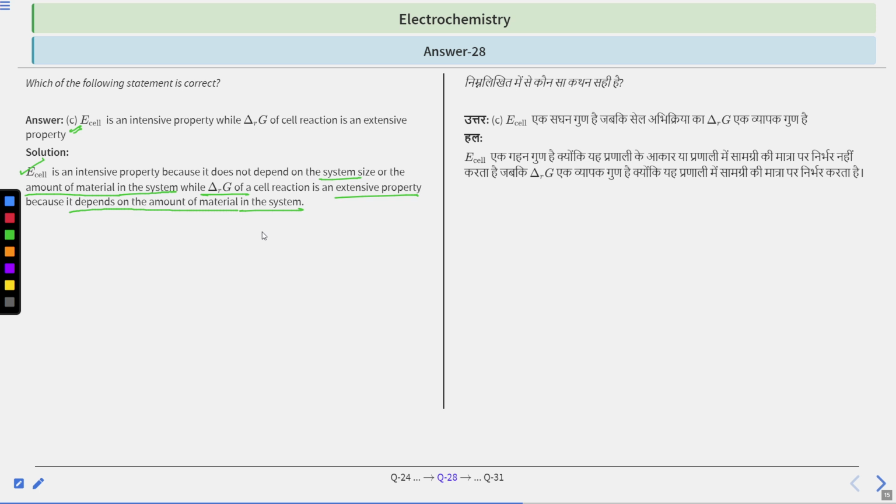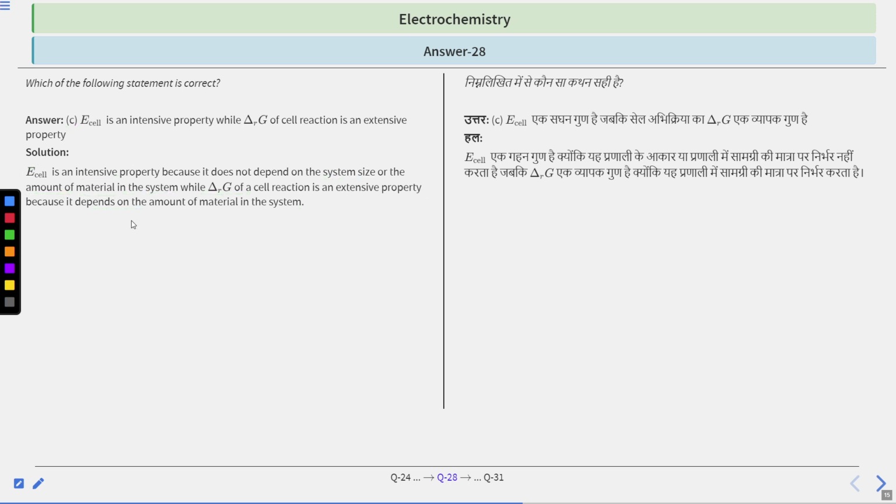So extensive properties are those which depend on the mass, and intensive properties are those which do not depend on the mass. E cell does not depend on the amount of material in the system, so that is why this is an intensive property. But del Rg depends on the amount of material in the system. So del Rg is an extensive property, as stated in option C, and thus option C is the correct answer.